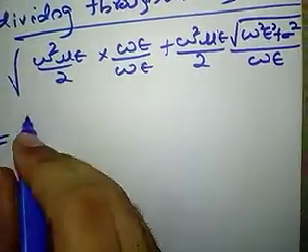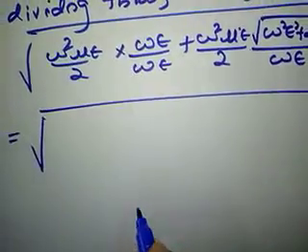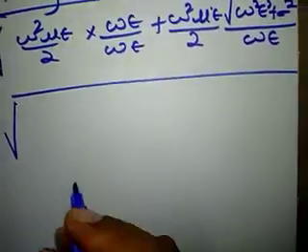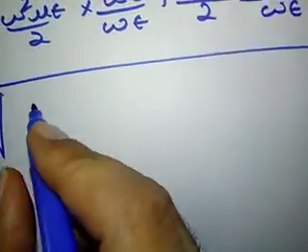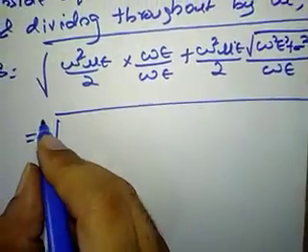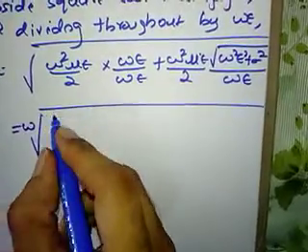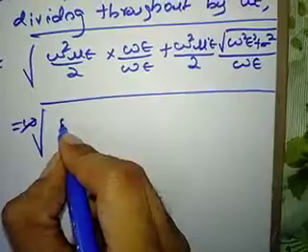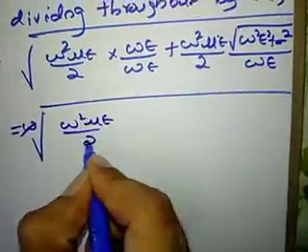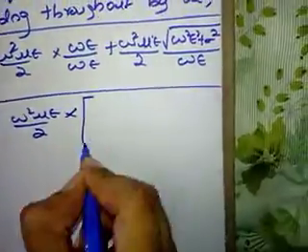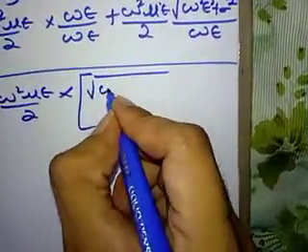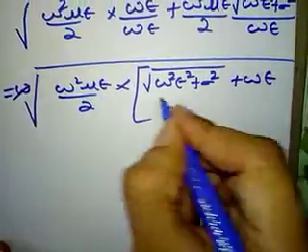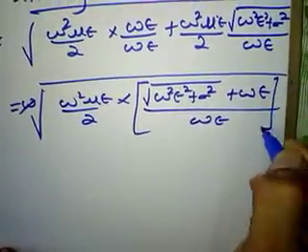So what do we get here? If I take omega square mu epsilon by 2 common, this is into the square root of omega square epsilon square plus sigma square plus omega epsilon, divided by omega epsilon.